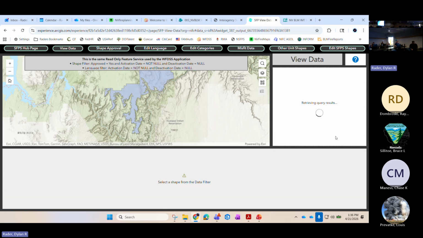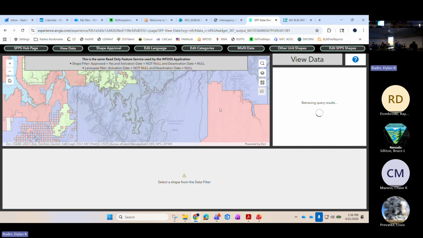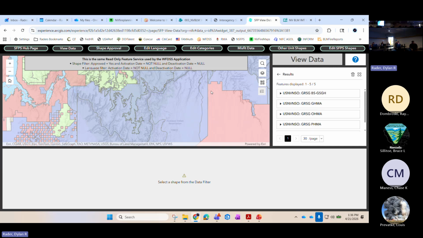Any unit can get a multi-unit shape, you just have to get it approved. One of the things we've done for the greater sage-grouse habitat, which has changed recently too, is we have a statewide layer that incorporates all of the greater sage-grouse habitat and pushes all of that management direction down through that feature service, so that at the district layer, districts can reference that if they want, but they don't necessarily have to duplicate all that same text, because that's in as a multi-unit shape.